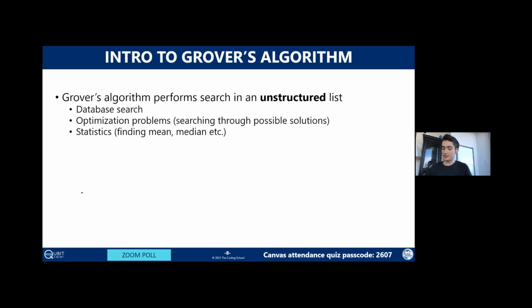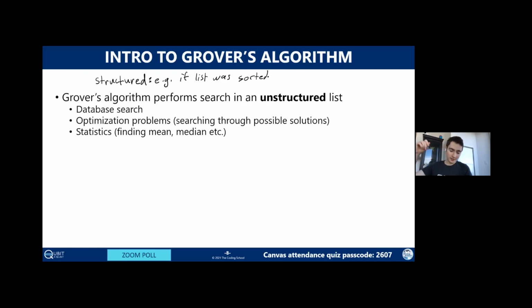This is in contrast to a structured search, just to sort of provide some motivation for this terminology. A structured search is how you go about finding elements in a list if you already know something about the list. So the easiest example of this is if the list of ages was sorted. Because if your list is sorted, there are more efficient techniques for trying to find a particular element.